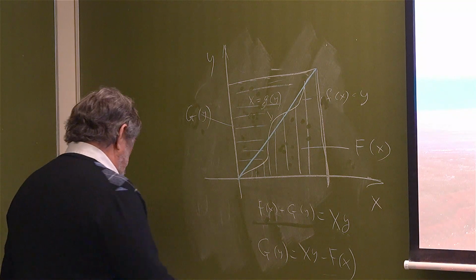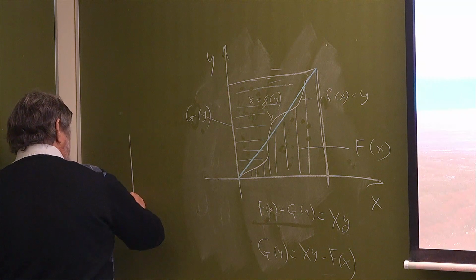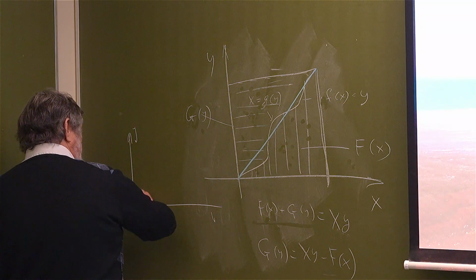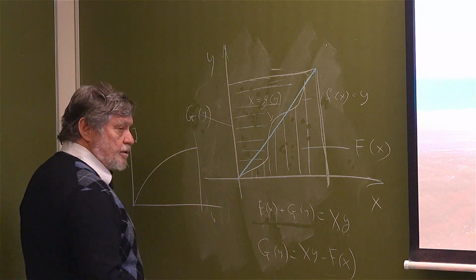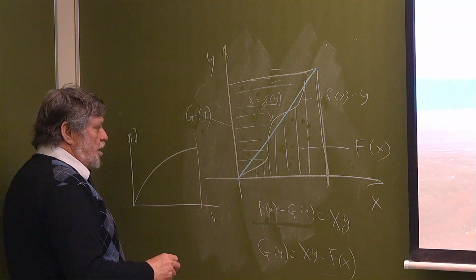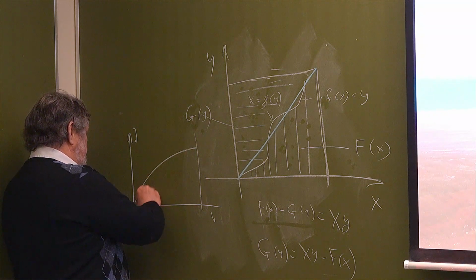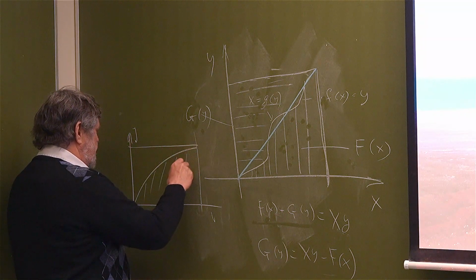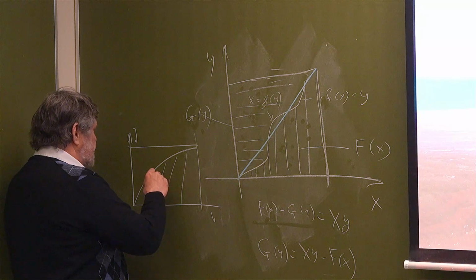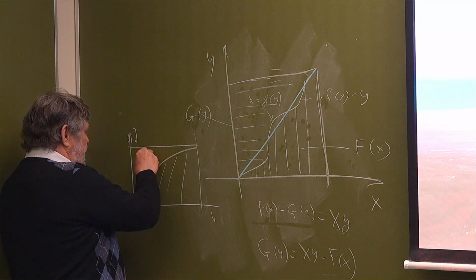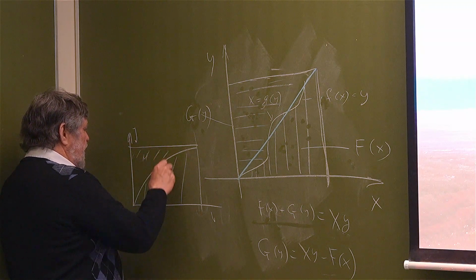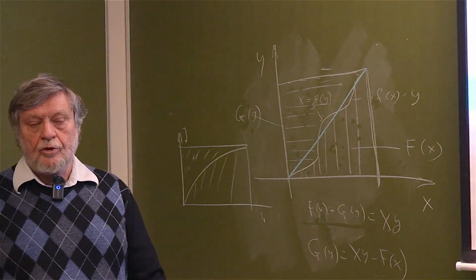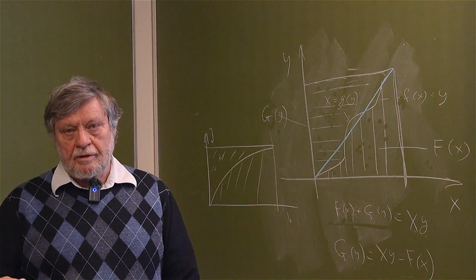If you look at this current J and the voltage V, then the expression will be like this. The Legendre transform, the Hamiltonian, will be the area of this one, and the sum of these two areas would be the work of the charges.